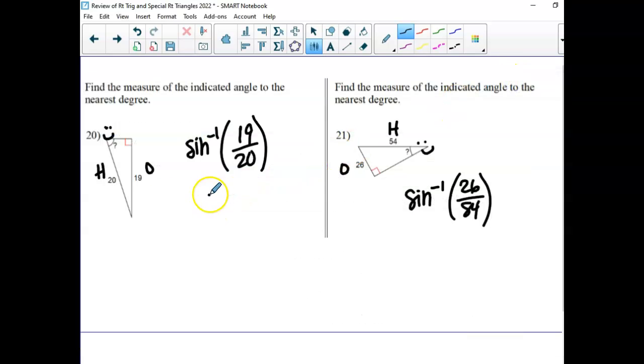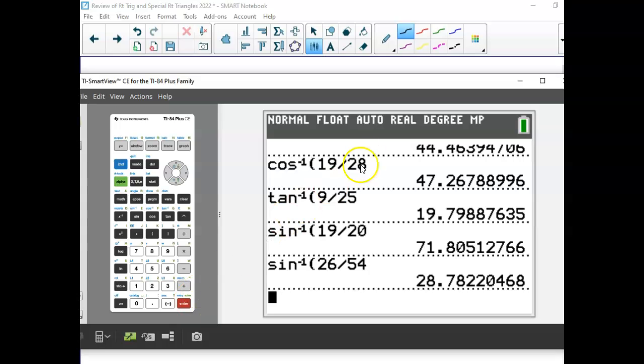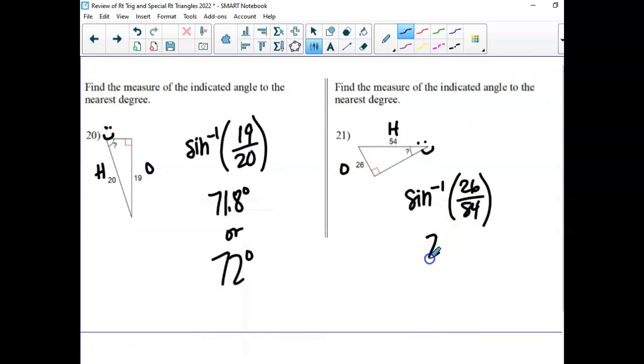I got 71.8 or 72 degrees for that first one, yes. And is that 26 over 54? Can't read my handwriting. 28.8 or 29. Like I said, I usually on a test or quiz say to just give everything to the nearest tenth. I don't remember what Delta Math does for these angle ones. All right.